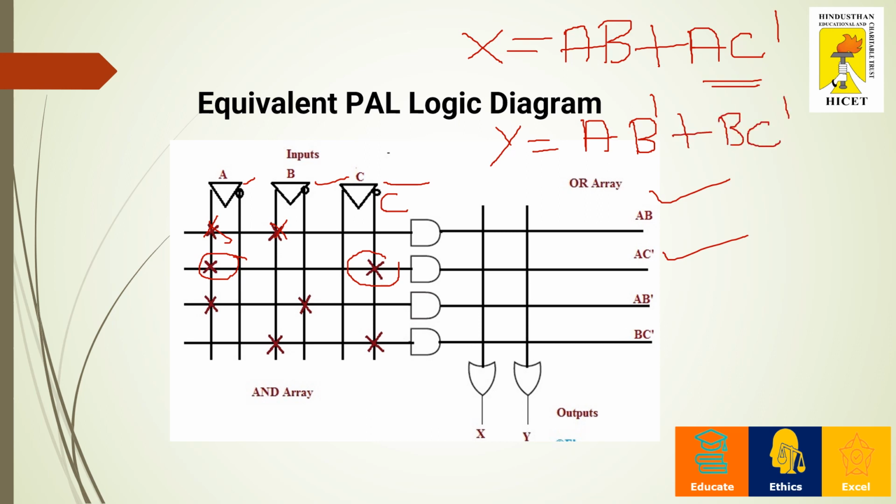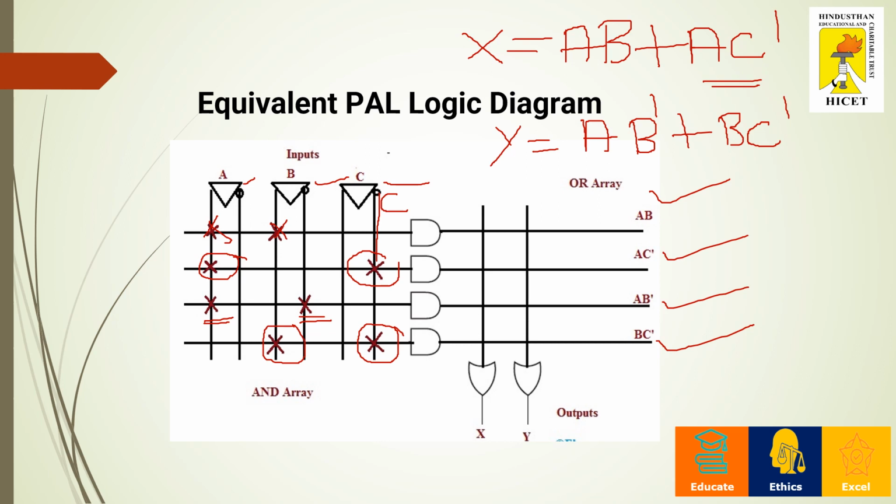So when you make this equation, similarly A and B complement, we have a product term. And the last is BC dash. So I'm marking B here and the inverted form of C is taken over here, and we have obtained BC complement.